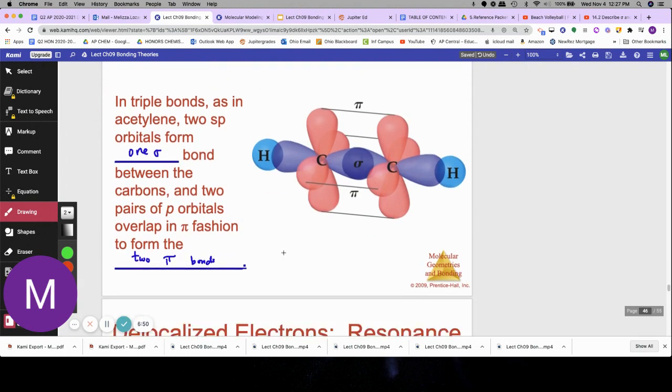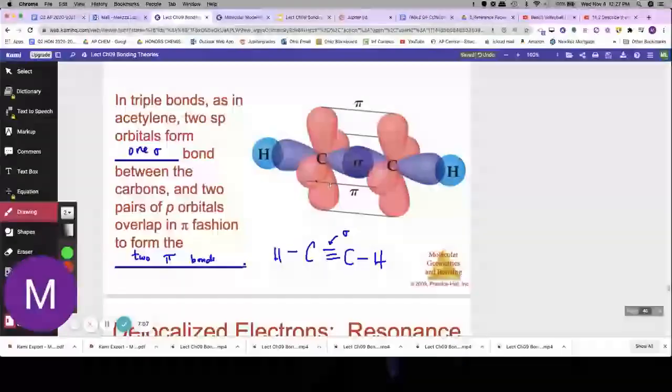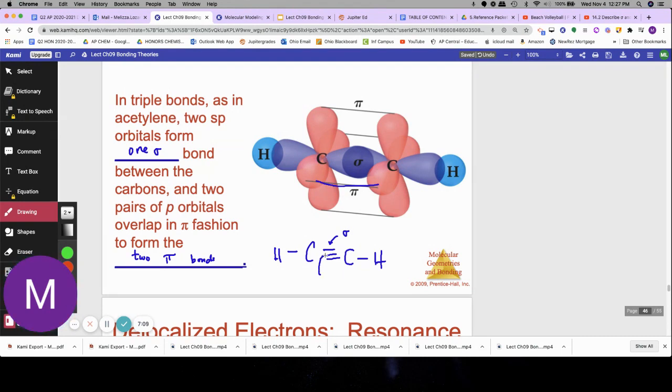In triple bonds, this is acetylene, which looks like this: CH, C, C, H. Here's the C, here's the C. There's the sigma bond; one of those is a sigma. Here's one of the pi bonds, and here's the other pi bond behind in the back.